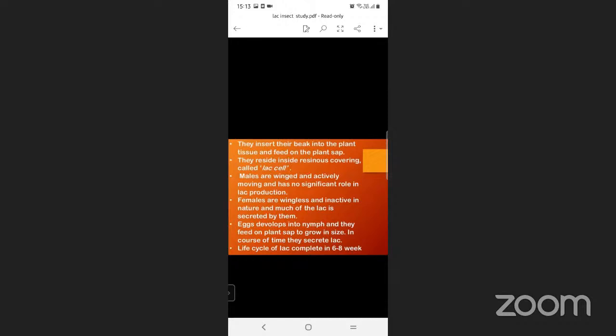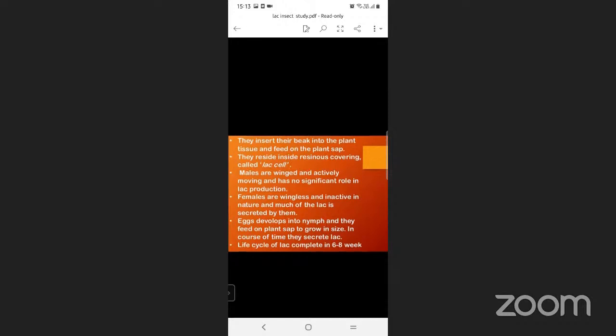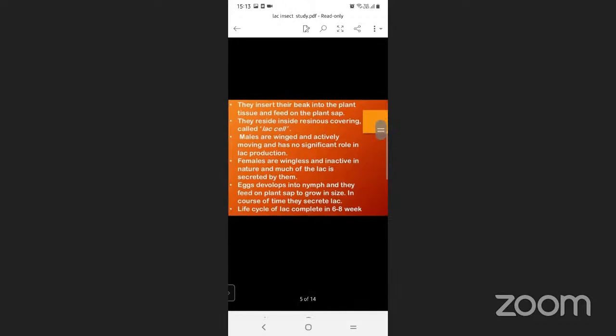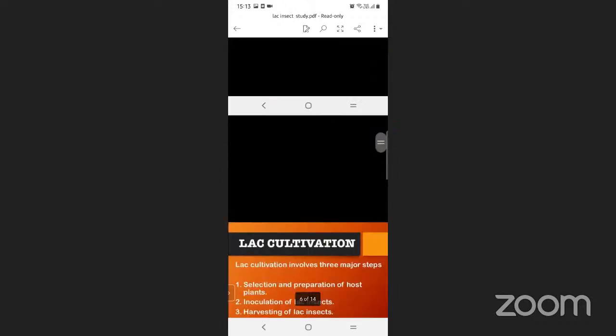Males are winged and actively moving and have no significant role in lac production. Females are wingless and inactive in nature, so much of the lac is secreted by them. So eggs develop into nymphs and they feed on the plant sap, grow in size, and in course of time they secrete the lac. This life cycle is completed in 6 to 8 weeks.